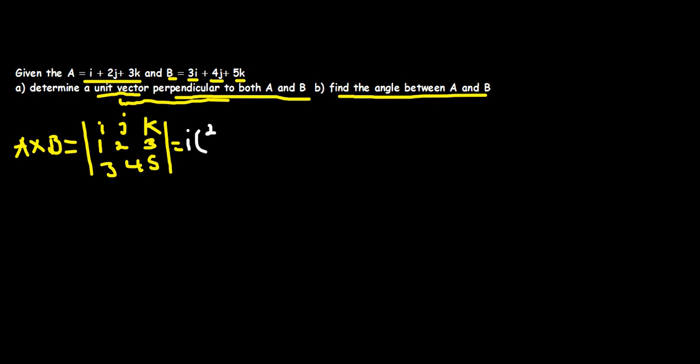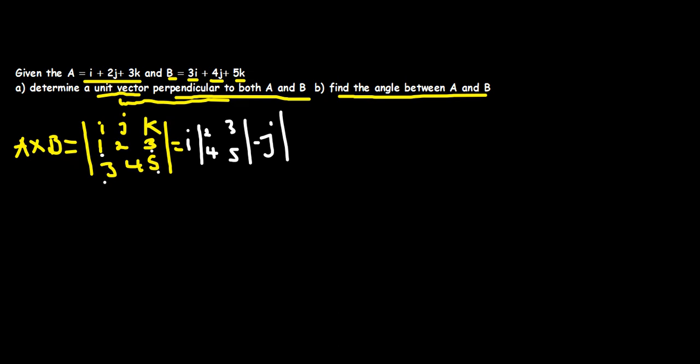The first one we're going to write i, and then in brackets I'm going to put what remains. If I cancel the first column and the first row, I'm going to remain with 2, 4, 3 and 5. And then minus j. If I cancel out the second column and the first row, I'm going to remain with 1, 3, 3, 5.